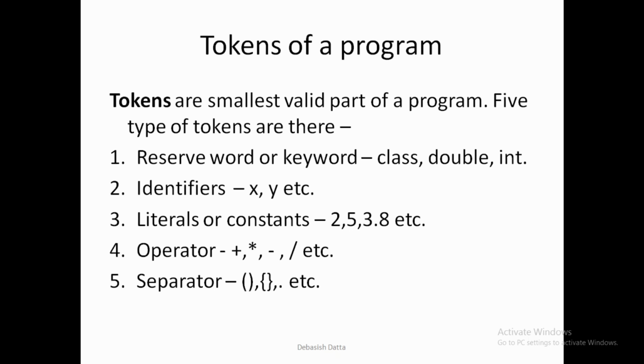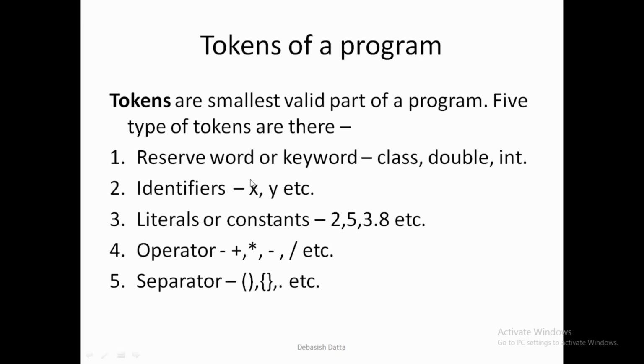Reserved words or keywords are those which are already defined inside Java, or Java knows the meaning of these words, such as class, double, int. All these are known as reserved words or keywords, and the meanings of these words are known to Java.